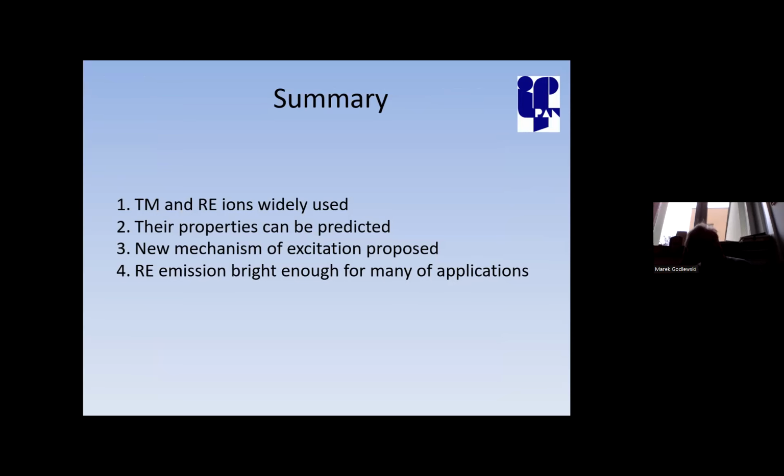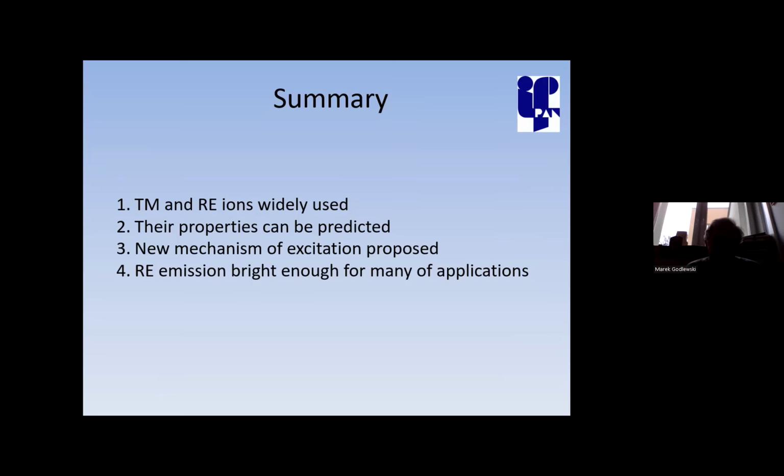I already mentioned that we observed something like this in an optically detected magnetic resonance experiment for copper. In rare earths, in most cases, the observations are indirect, but still, very likely, this can be one of maybe the major mechanisms by which we can so efficiently excite rare earths.